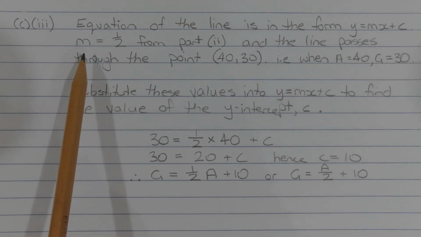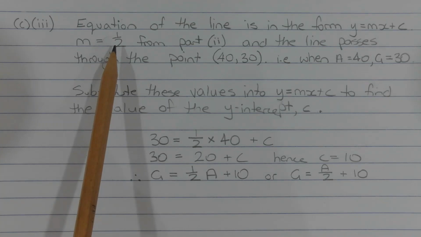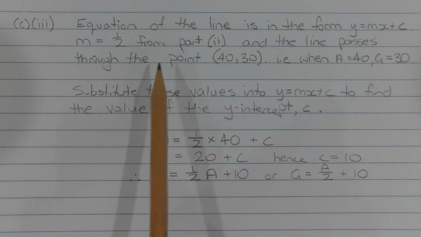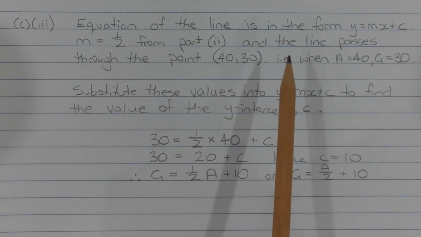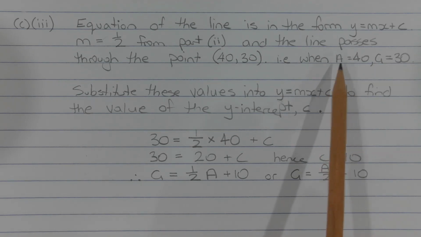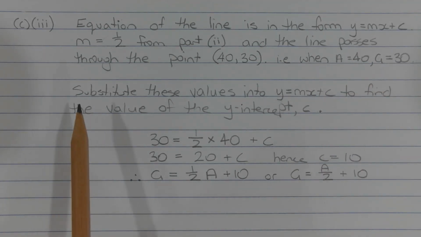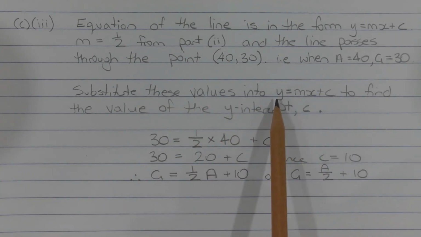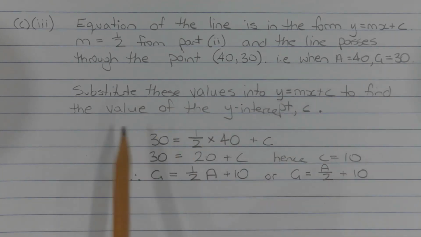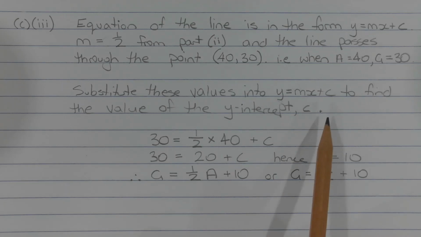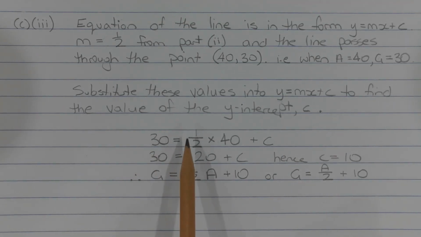From part 2, the gradient m is equal to half, and the line passes through the point (40, 30). In other words, when capital A equals 40, capital G equals 30. We substitute these values into the equation y equals mx plus c to find the value of the y-intercept c. So 30 is equal to half times 40 plus c.